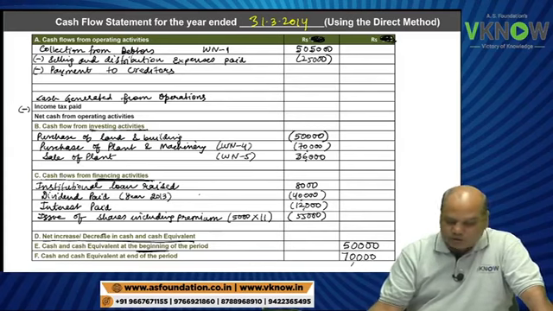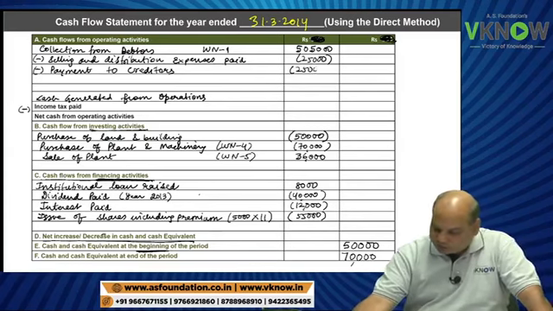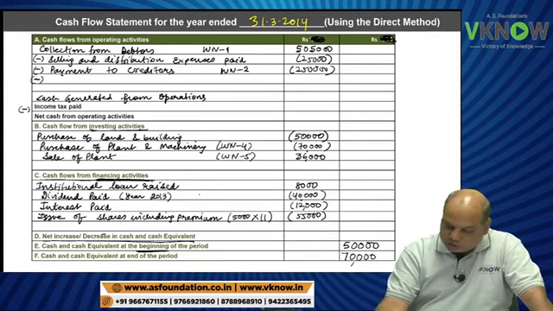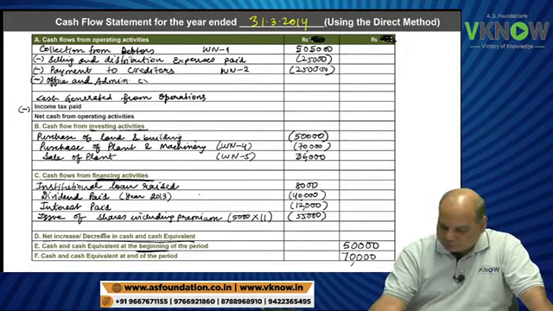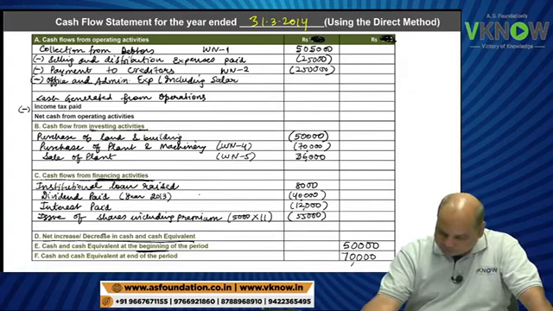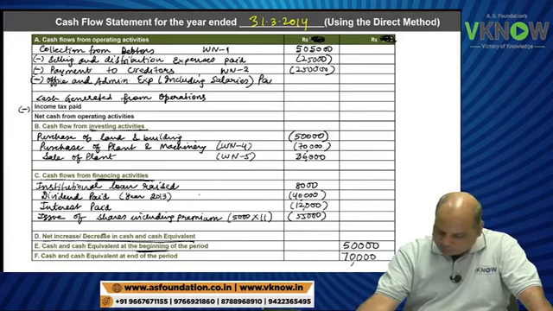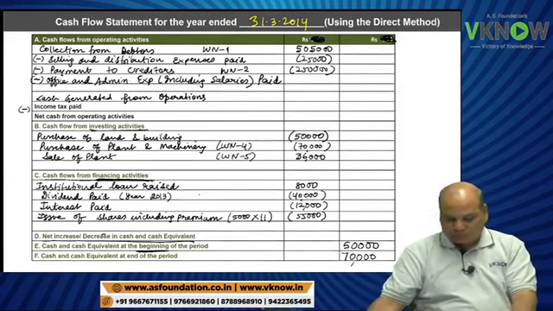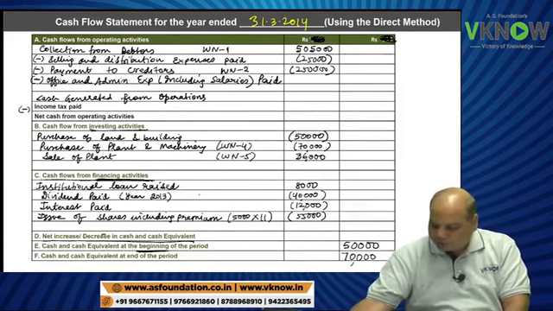Payment to creditor was 2,50,000 in bracket working note number 2. And one more thing, write down less office and administration expense in bracket including salaries paid, 40,000.